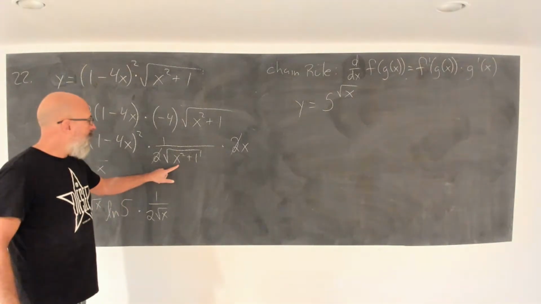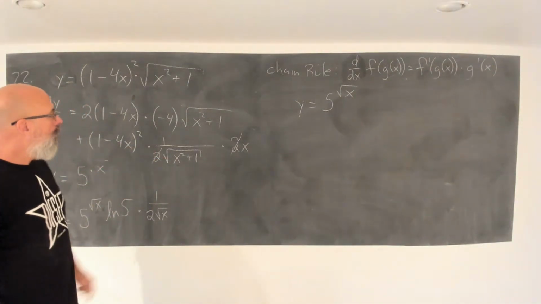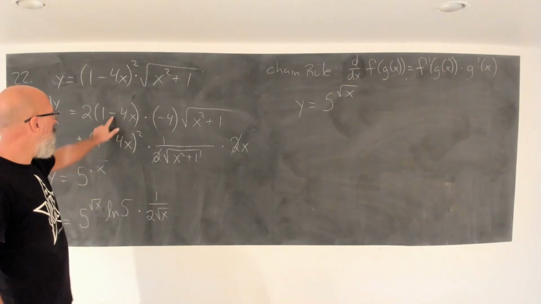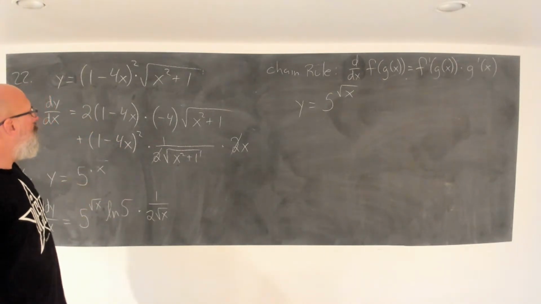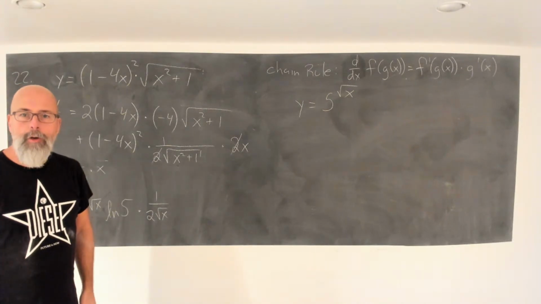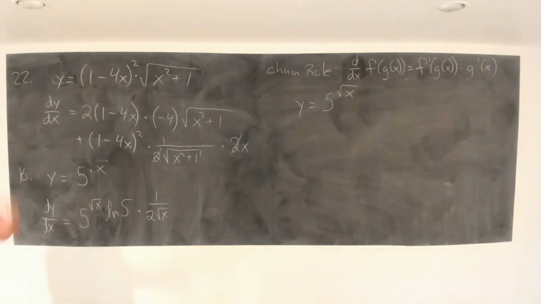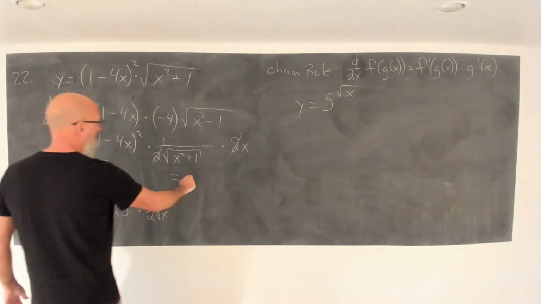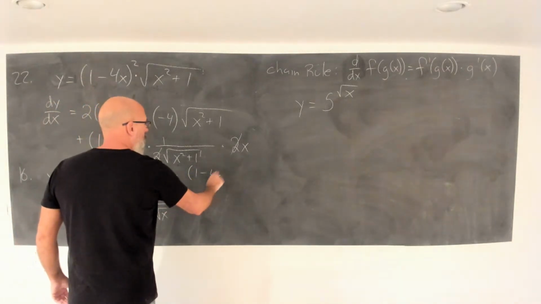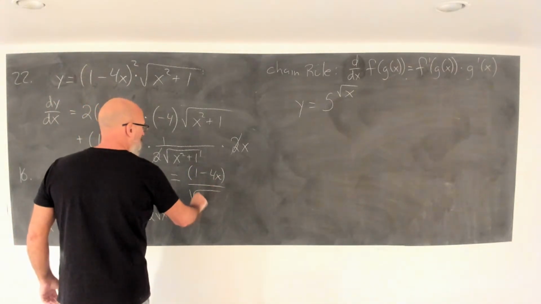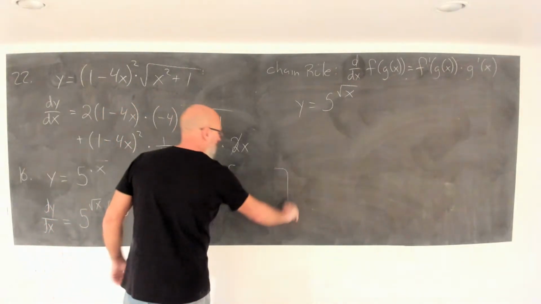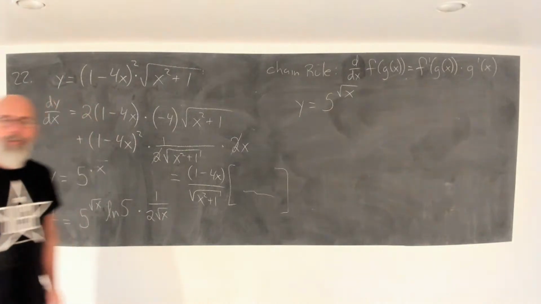You might want to factor a 1 over root x squared plus 1 from the whole thing. So what am I saying? If you wanted to simplify this, I would factor out a 1 minus 4x over the square root, and get some stuff in here.